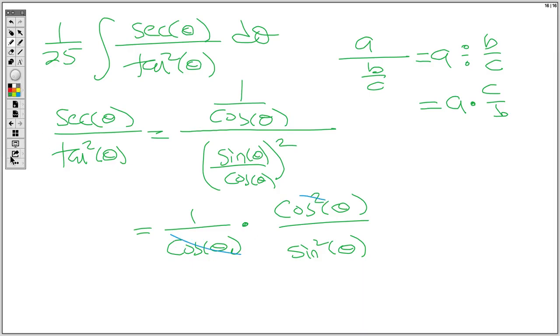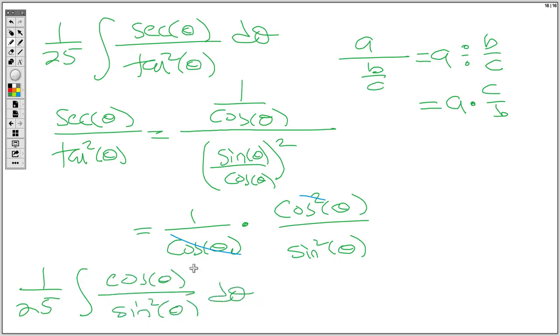And so with my integral, I'm left with 1 over 25 integral cosine theta over sine squared theta d theta. Let's make sure we're good with the fraction gymnastics there.